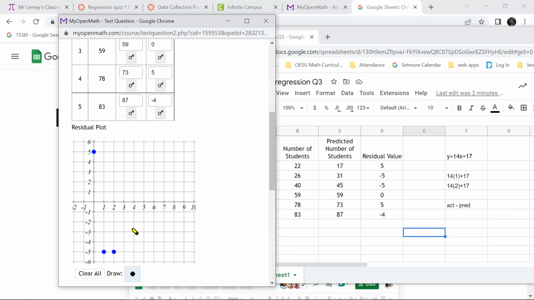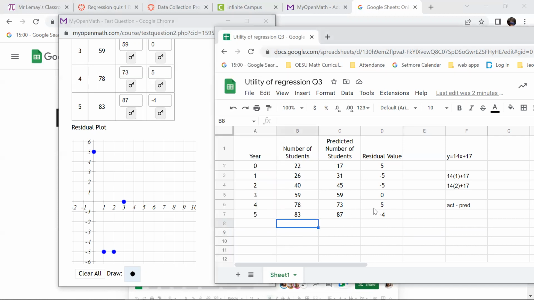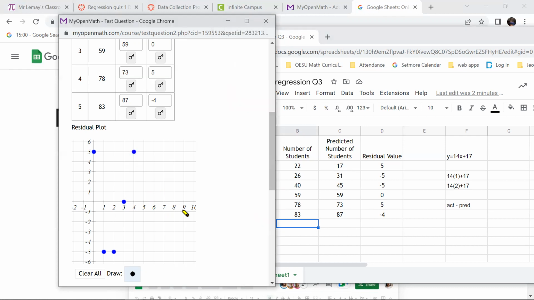For year 3, the residual was 0. For year 4, the residual was 5. And for year 5, the residual was negative 4.